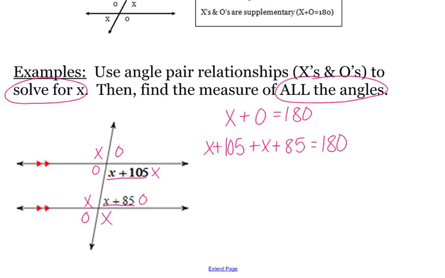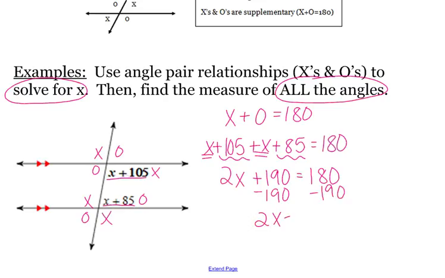Go ahead and solve for x. Combine your like terms. Subtract 190 from both sides. So 2x equals negative 10. Divide both sides by 2 to get x by itself. And we end up with an x value of negative 5. That piece is done. Make sure we're answering all parts of the question.